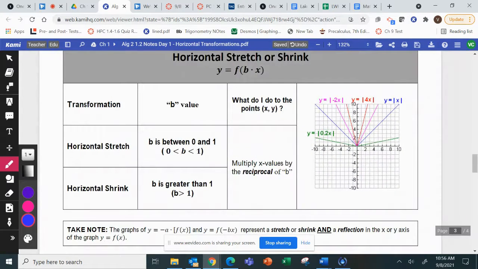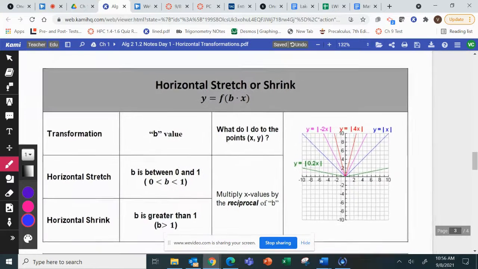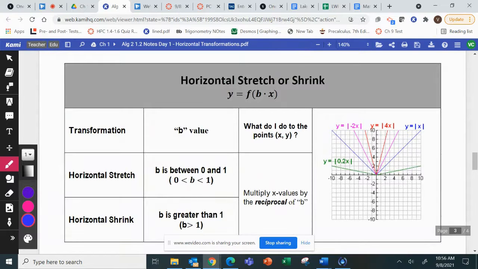Horizontal stretch or shrink. We've got a similar concept as vertical stretch or shrink, except for what we learned about horizontal already. Besides horizontal being on the inside, horizontal is also opposite.